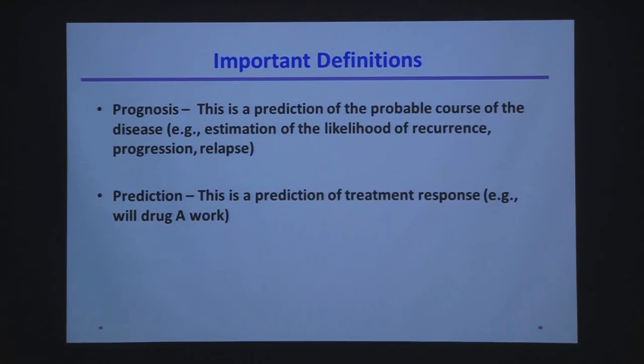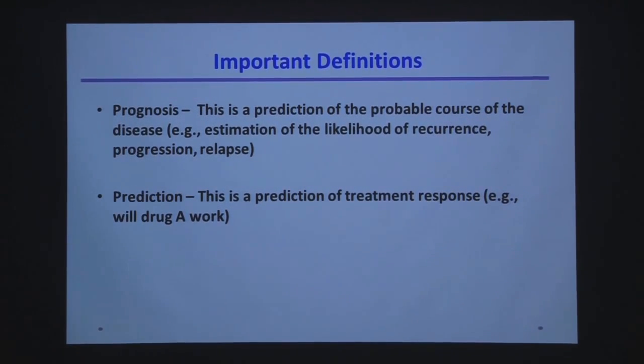So I'd like to just put some of the things I'm going to talk about into perspective and provide some definitions of what I am going to address. So I'd like to define what I mean by prognosis, and this is prediction of the probable course of disease and an estimation of the likelihood that the patient will recur or progress or relapse.